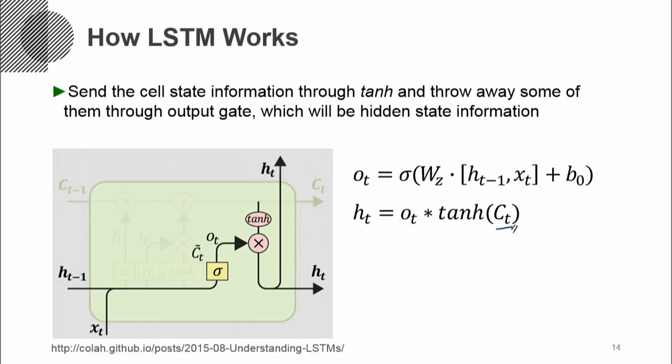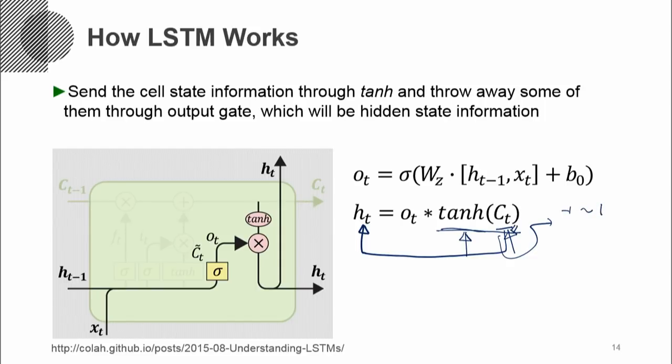After making this cell state information at the current time step, we further generate our hidden state vector. This is done by first applying the tanh nonlinear transformation on this cell state vector, so this part will have the signal ranging from -1 through 1.